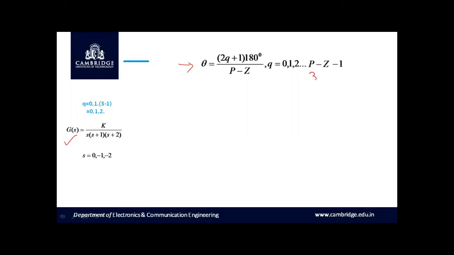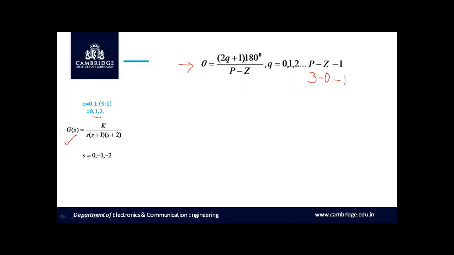In this case, p is equal to 3 and z is equal to 0. Hence, we get q ranging from 0, 1 to 3 minus 1 is 2. So, q is equal to 0, 1 and 2. Hence, we get 3 asymptotes in this case.